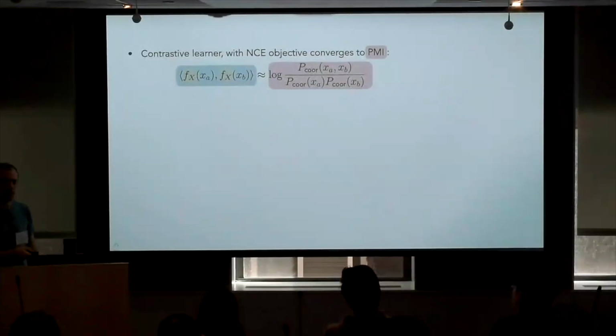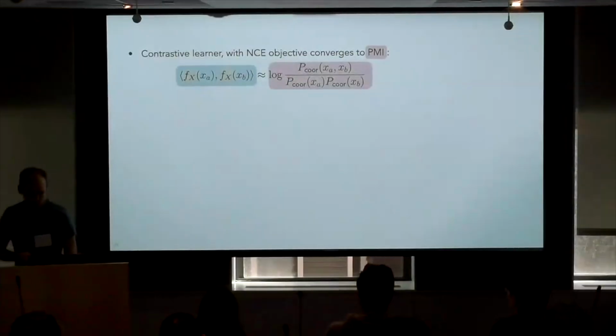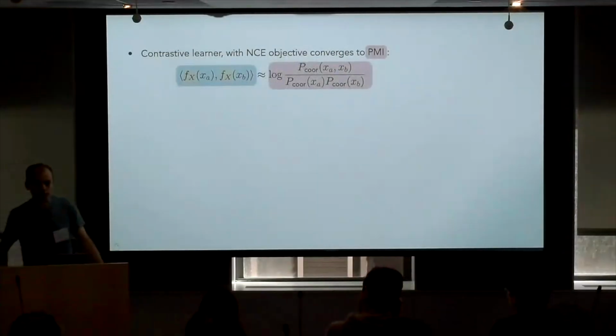The product is just how often you'd expect them to co-occur if they were independent. And a lot of contrastive learners try to find an embedding in which the dot product is the score that does the classification. So it's trying to make the dot product proportional to this value, the PMI.